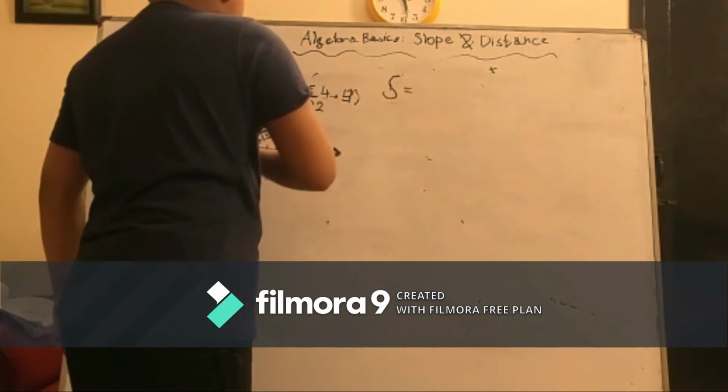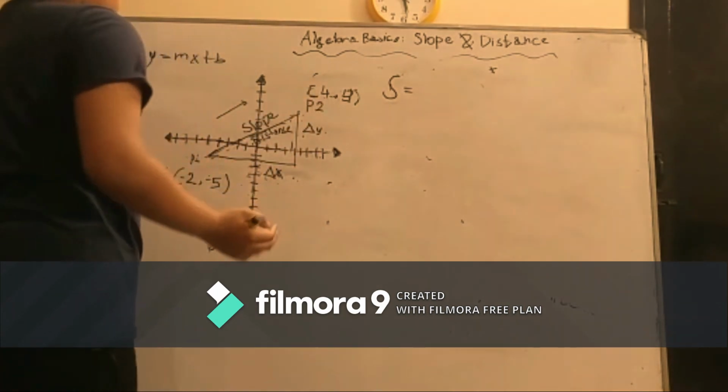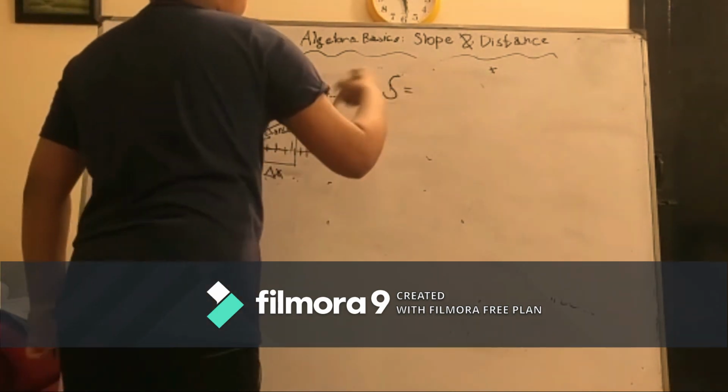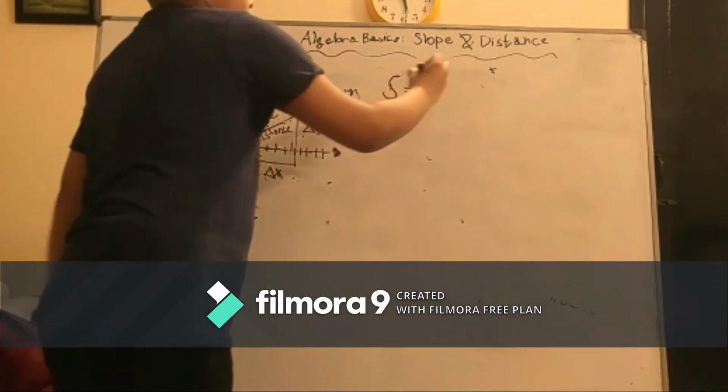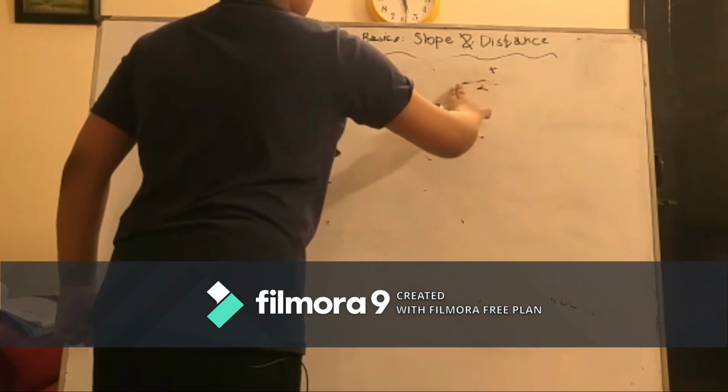Let's say this is what we decided the points would be. So x1 is negative 2 and x2, actually, you know what?